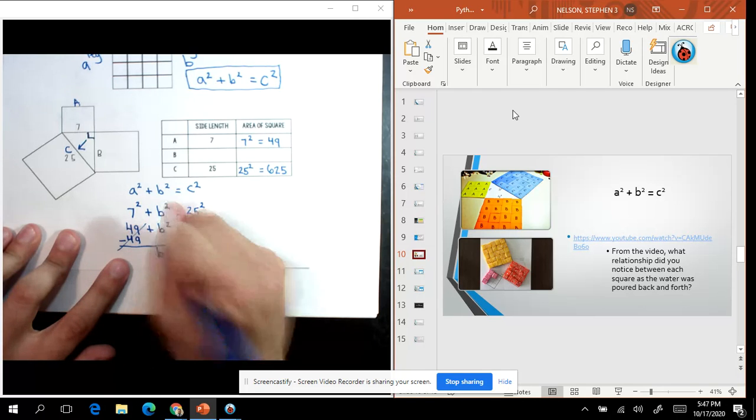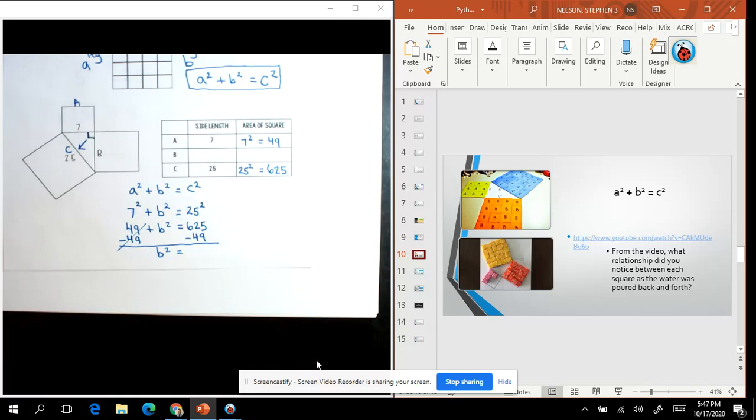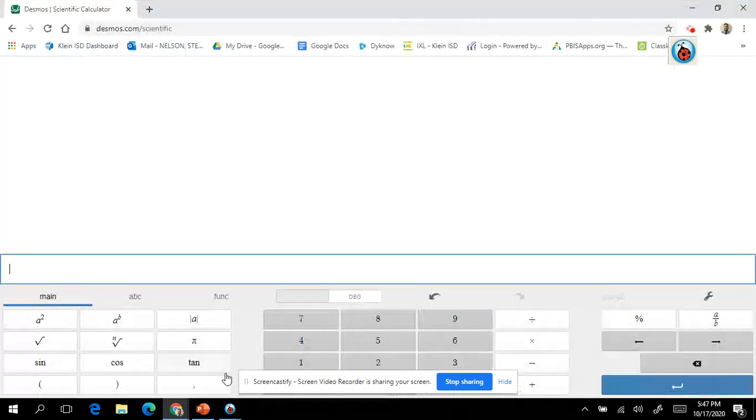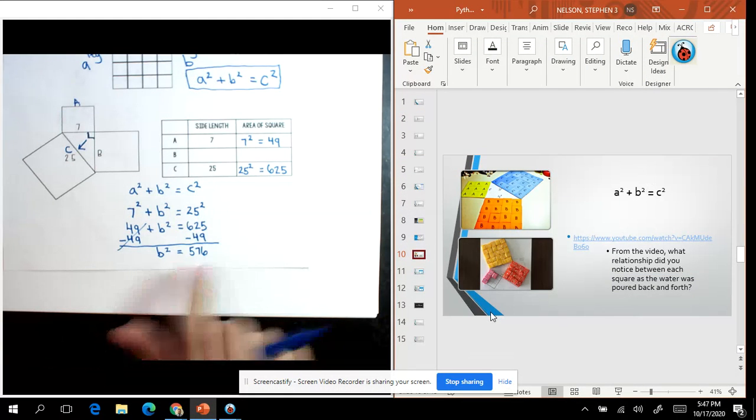We get b squared is equal to whatever 625 minus 49 is. Now, if you have your Desmos calculator handy, we can go ahead and type in 625 minus 49. And we get 576. So we're going to write that in, 576. Okay, so now we're left with b squared equals 576.